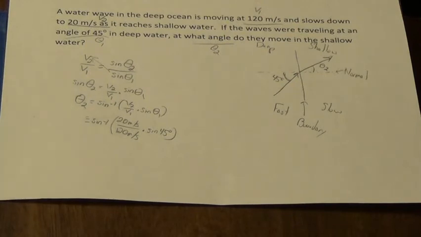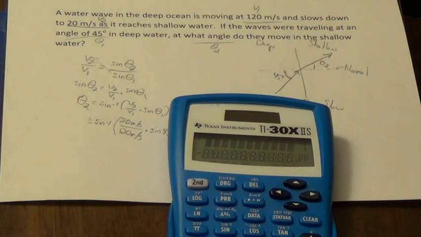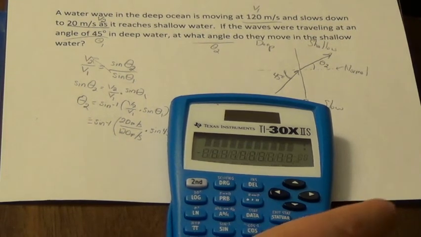So if you divide these, 20 divided by 120 gives us 0.1666, and if you multiply that times the sine of 45 degrees, what we get is 0.11, rounds to about 0.118.